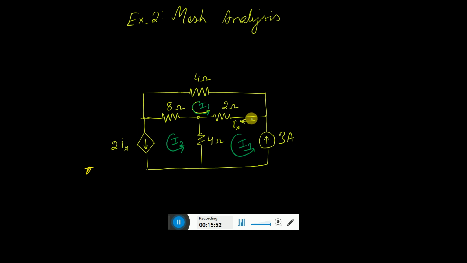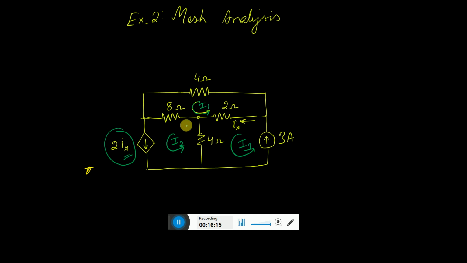In this question, there is a dependent source, that is 2ix. Don't worry about the dependent source, just treat it as your current source right now. And remember that if there is an ix in a network, there must be ix written somewhere else. So right now just keep it as it is and write down the equation.